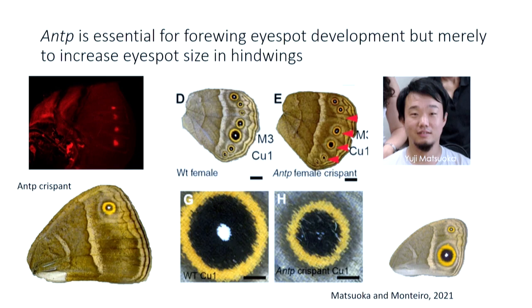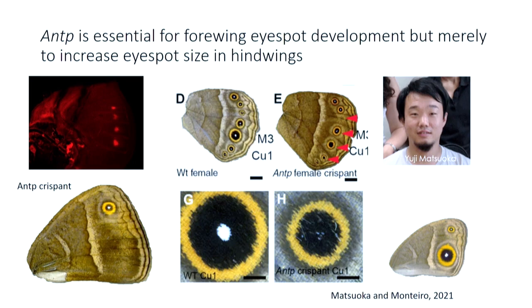gene connected to eyespot development, and that is antennapedia. That's a Hox gene that is, in most insects, uniformly expressed at low levels. In fact, it had been suggested that antennapedia had no role at all to play in wing development, but that is not true. Antennapedia is actually quite important for wing development in a variety of different species.